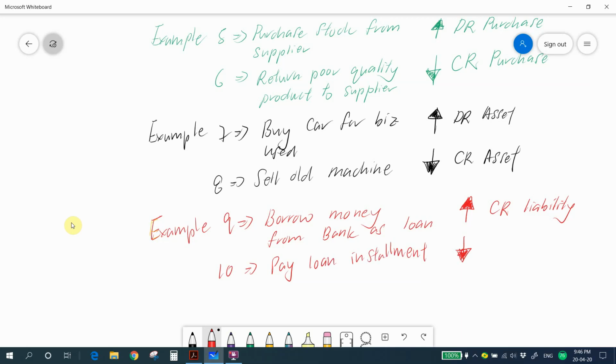When you pay loan installment, your liability will become lesser. So we debit the loan liability account. We debit the liability account when we make payment of the loan because our liability become lesser.